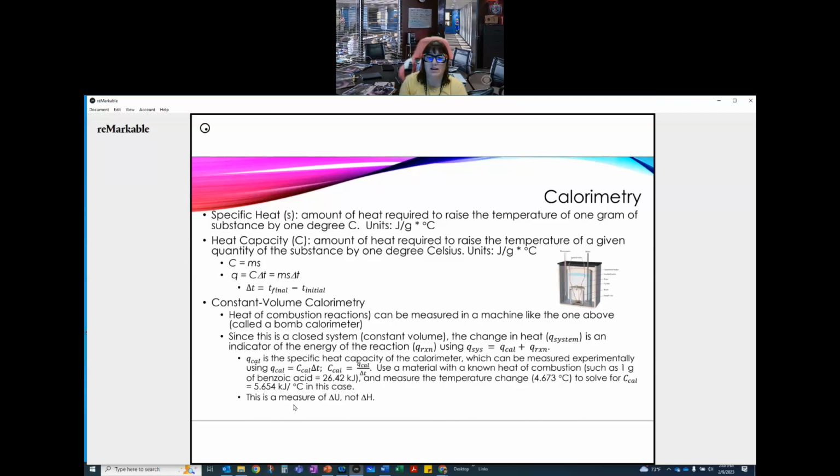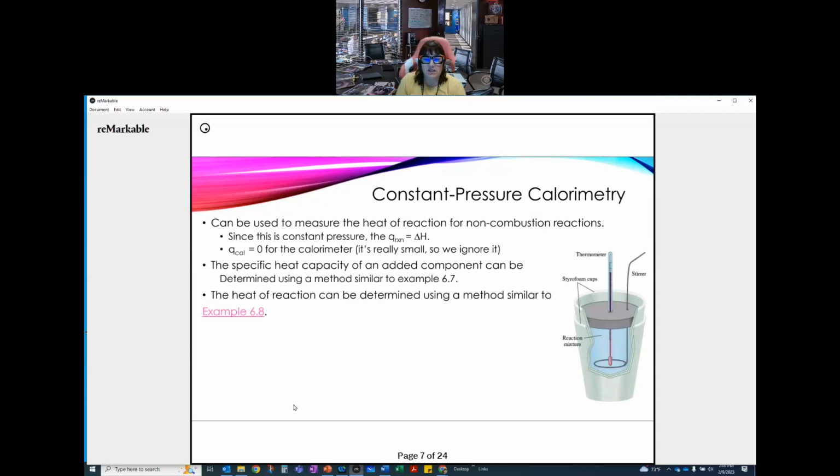It's a measure of delta U, not delta H. So this is for delta U and not just the heat. Now, if it's constant pressure calorimetry, it can be used to measure the heat of reaction from non-combustion reactions.